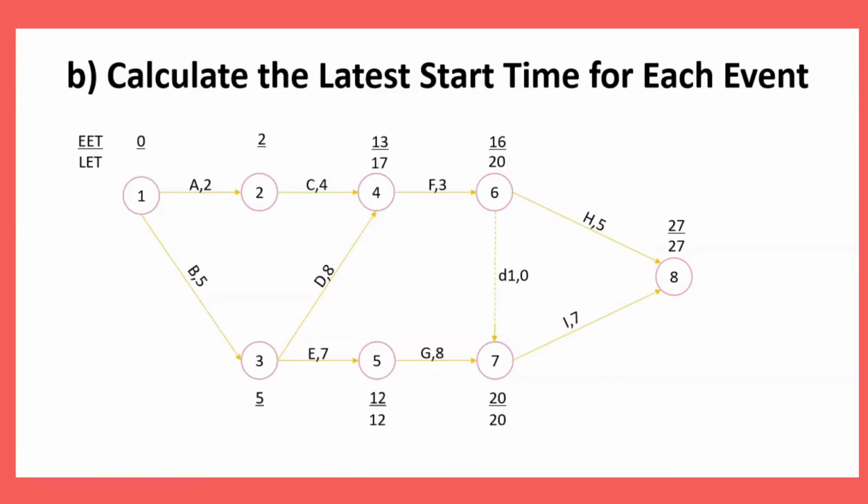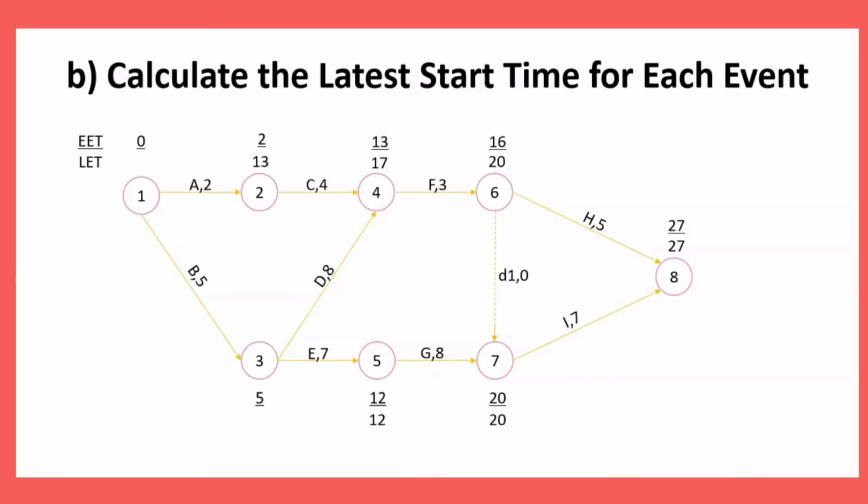So it means the LET of node number 4 will be minus the duration time of C, which means 17 will be minus the duration time, which is 4. Then we will get 13 for the LET in node number 2.